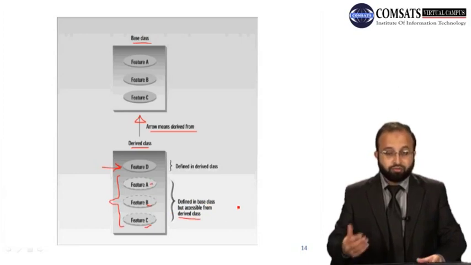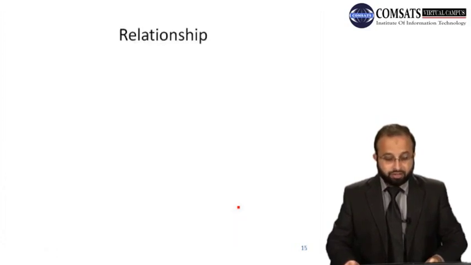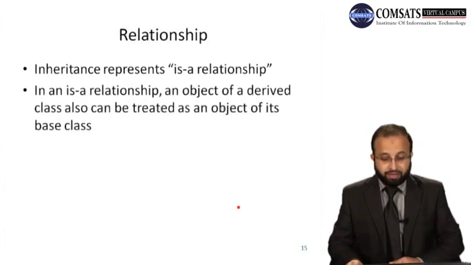So अब आपको कुछ थोड़ा बहुत idea हो गया होगा कि what does that mean if I say a class is derived from a base class. Inheritance represents an is-a relationship. In an is-a relationship, an object of a derived class also can be treated as an object of a base class.